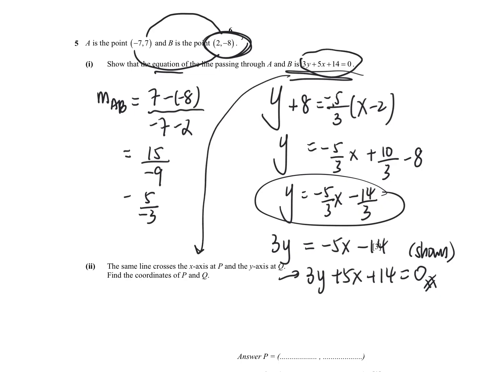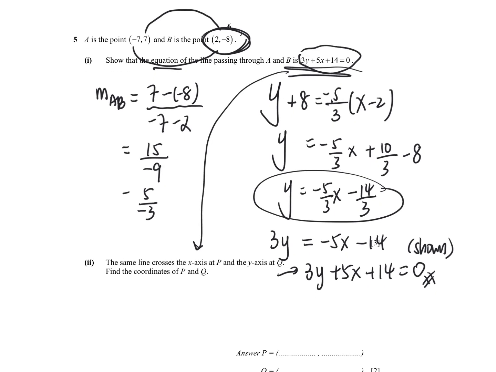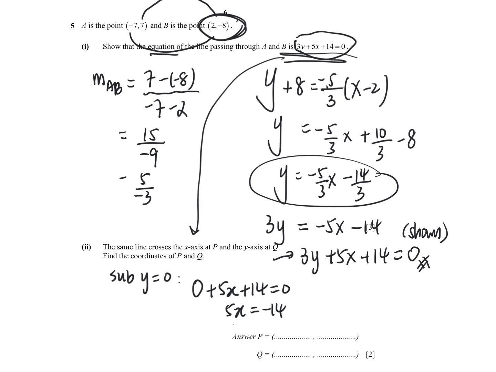Next, it says the same line crosses the x-axis at P and the y-axis at Q. The x-axis means it's an x-intercept, so you sub y as 0 into this equation. So 5x is minus 14, so x is minus 2.8.